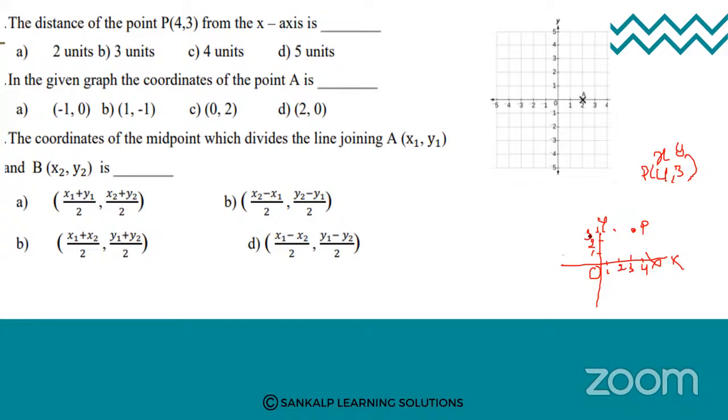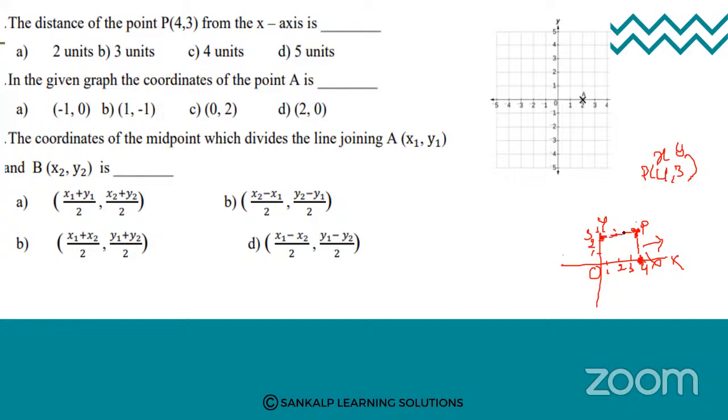Distance of the point from x-axis. So, x value is 4 here and y value is 3. Distance of the point from x-axis, that means you are going to observe this distance, right? So this distance you are going to observe, and this is the value of distance from the x-axis.